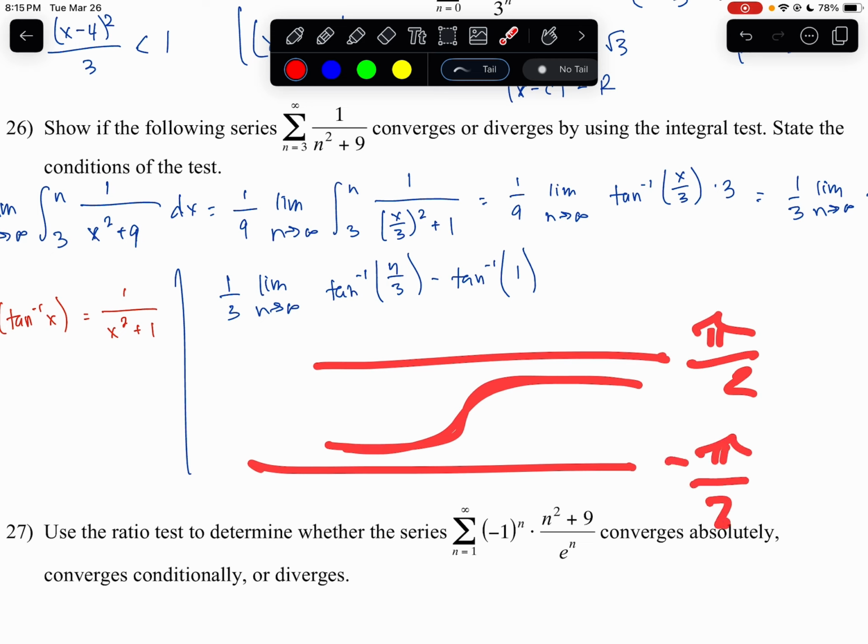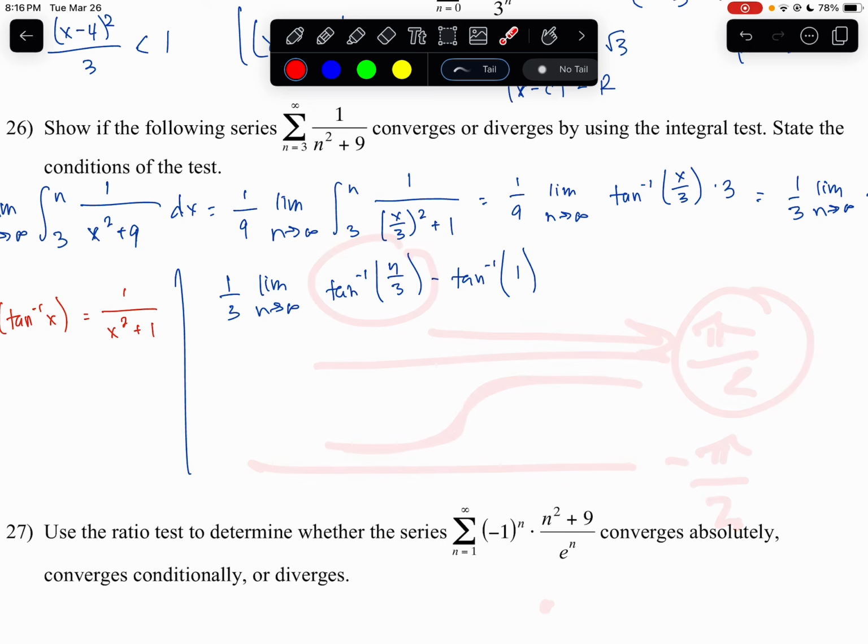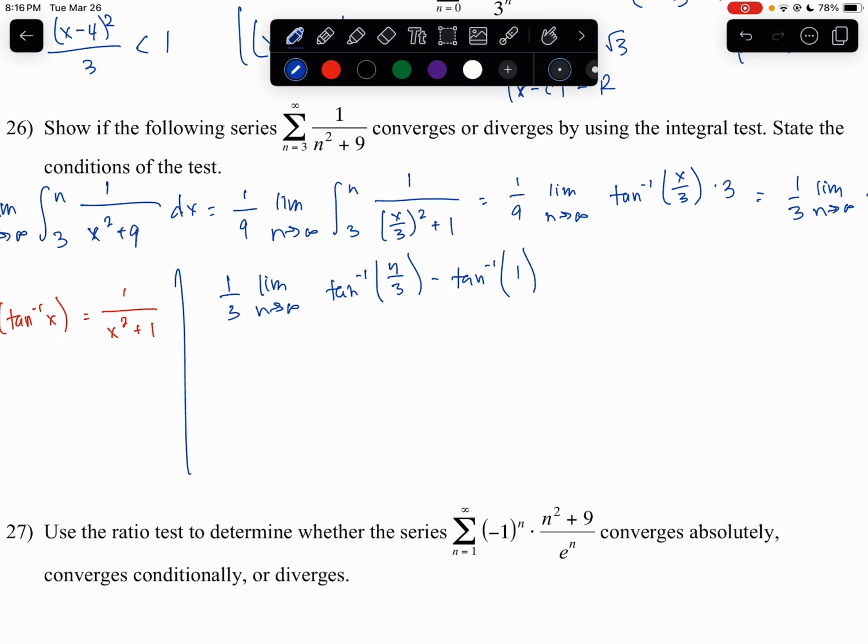I'm pretty sure we had a question like this on the very first test, not going to lie. I wouldn't expect you guys to remember this, but we have covered this before. But as n approaches infinity of this expression, it's going to be equal to pi halves. So that's how I can do that algebraically. So that's going to be pi halves.